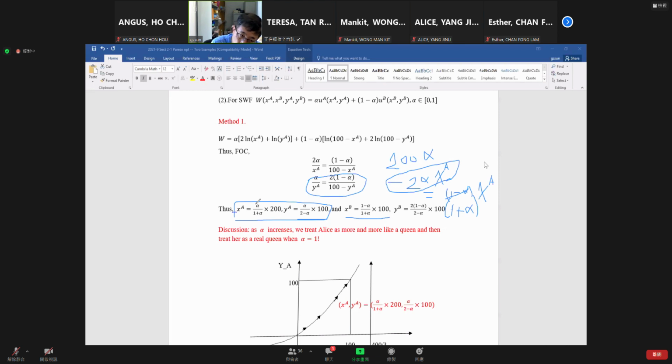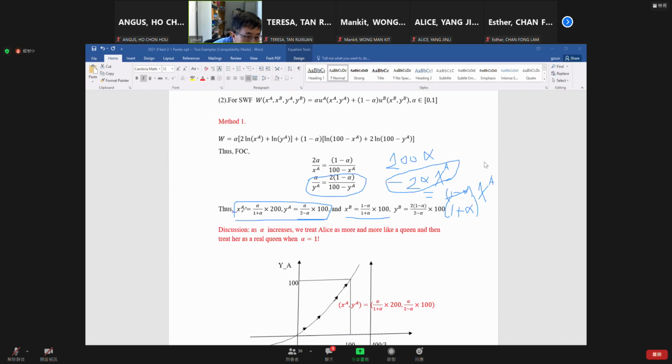For example, when alpha equals 0, this term equals 0. When alpha equals 1, this term becomes half, and half times 200 is 100. So when alpha equals 0, XA equals 0. When alpha equals 1, XA equals 100.